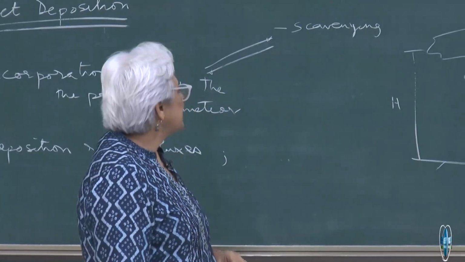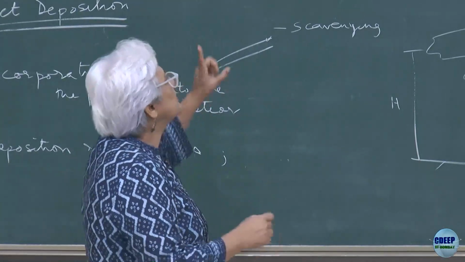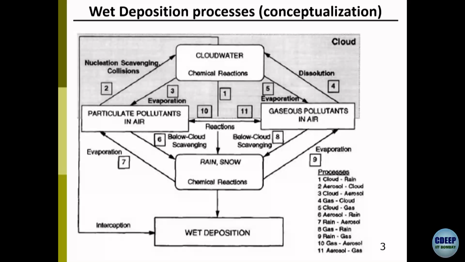So you have the different processes, and what this is basically saying is you can have nucleation scavenging, which is the concept of a cloud condensation nucleus. We will talk later on in the course about Kohler theory and how you will have an accumulation of water on these nuclei, and that is heterogeneous nucleation.